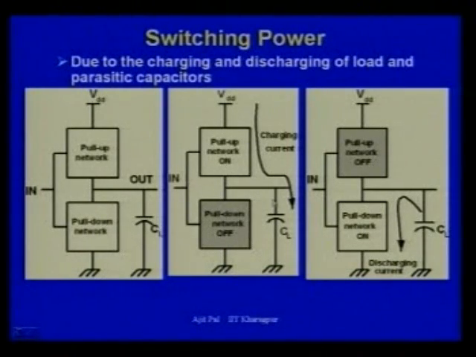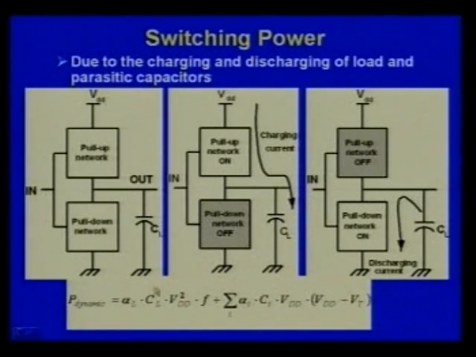So if you change the input combination such that the output changes from 0 to 1, then the capacitor will charge through the PMOS network, and if you change the input combination such that output changes from 1 to 0, then this capacitor will discharge. Because of this charge and discharge mechanism, there will be power dissipation, and this power dissipation on this load capacitance is represented by alpha L CL into VDD square into F.